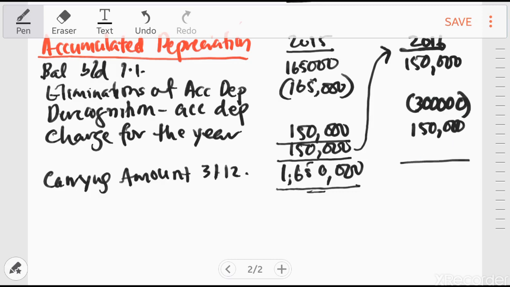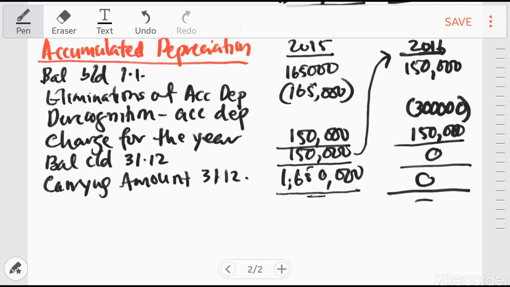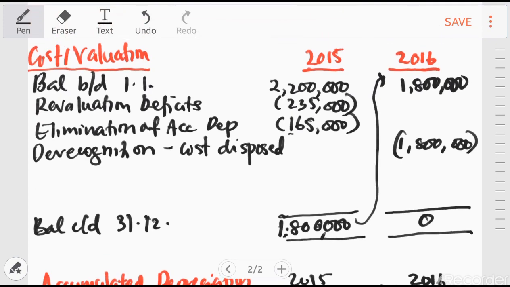And at the end of the year, the balance carried down as at 31st of December 2016 will be 0. And therefore, there is no more carrying amount in that year because it has been fully derecognized.